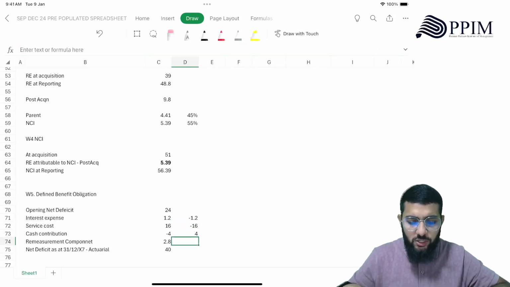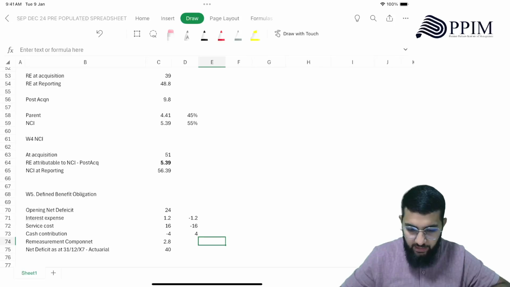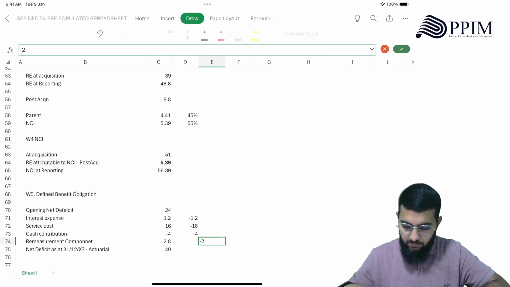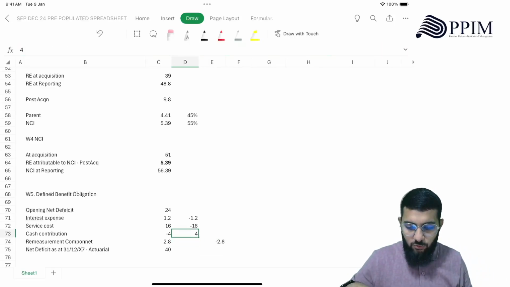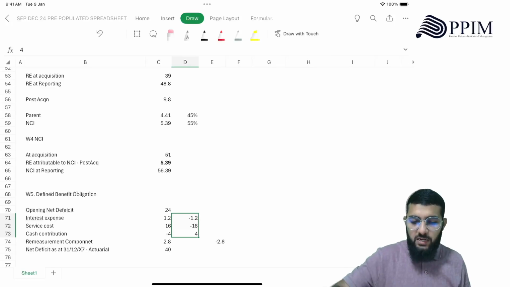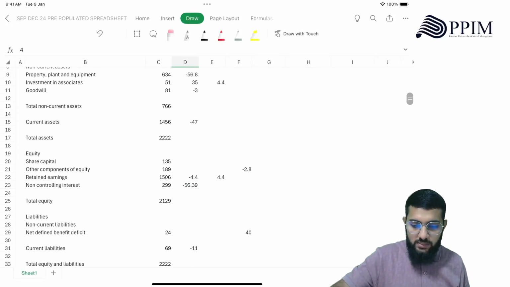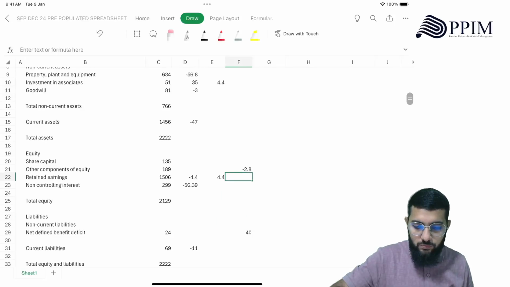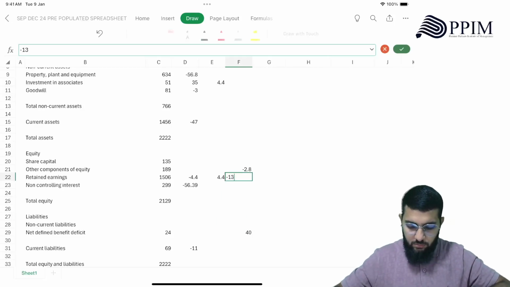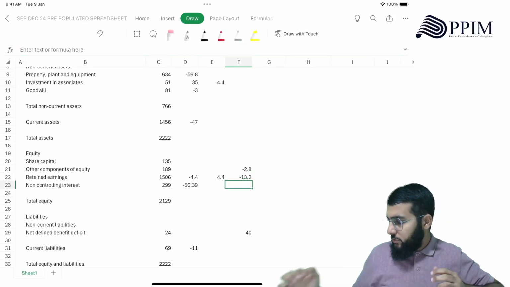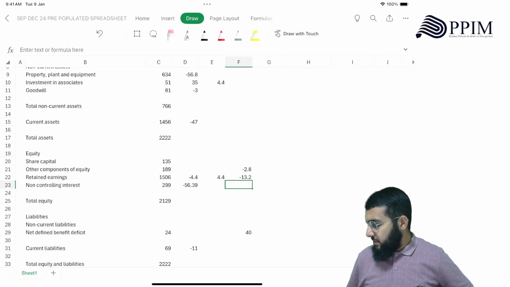And then this is going to debit our OCI. Now we know the retained earnings figure that we'll be taking is minus 13.2. Minus 13.2.